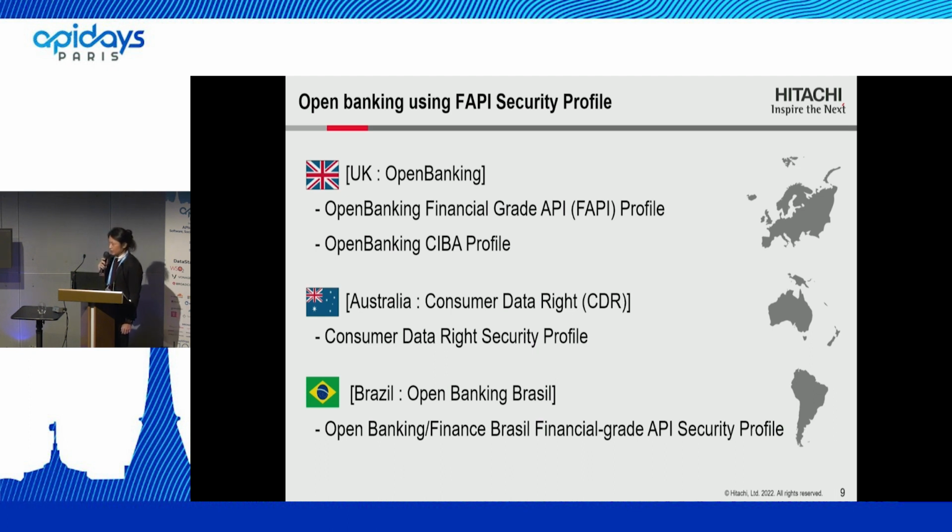These 3 apply FAPI 1.0 advanced security profile as a basis of their own security profiles. The UK open banking and open banking Brazil also apply the FAPI CIBA security profile. Therefore, the FAPI security profiles are actually used in the real world.